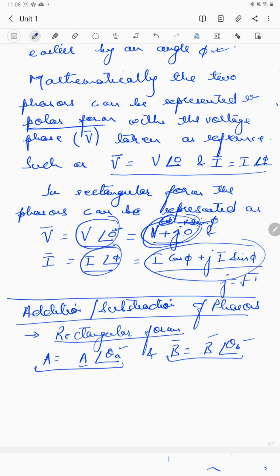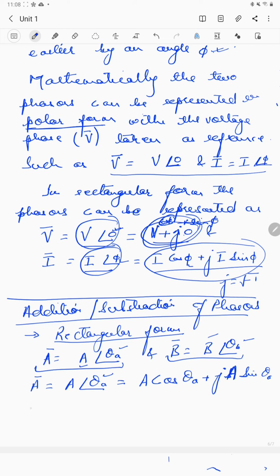So when we convert phasor A into rectangular form, this is the polar form, this will become A cos theta A plus j A sin theta A, where A is the magnitude and theta A is the angle.